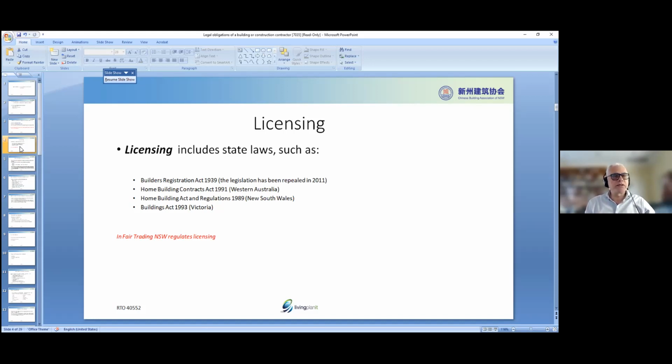It comes with restrictions. I'll give you a very good example. Years ago, I had to do some work in Canberra. Canberra is not part of New South Wales, okay? It's a territory. It's different to New South Wales. I needed my license to be recognized there, to get a Canberra license. I couldn't use my license.